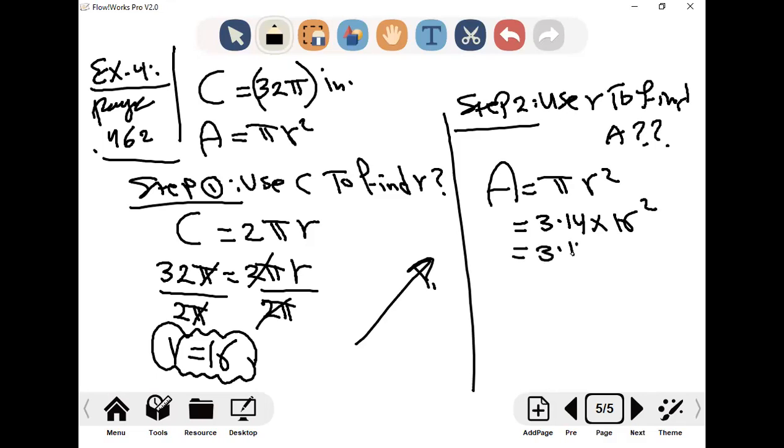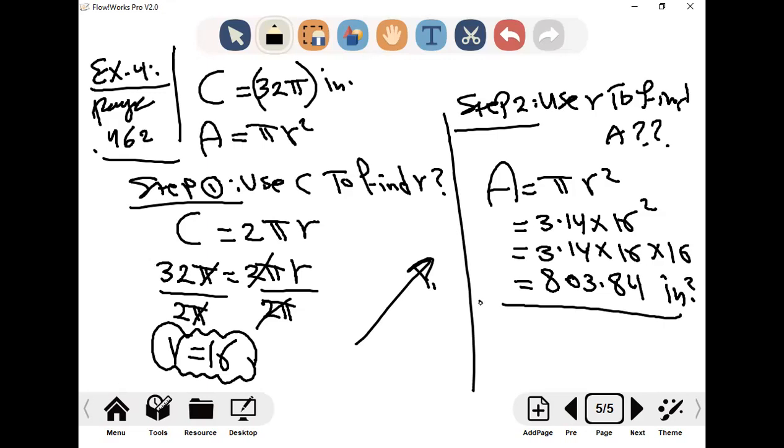Equal 3.14 multiply 16, equal 803.84 inches power of 2. Is this clear?